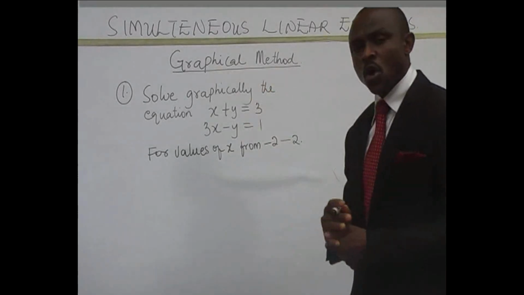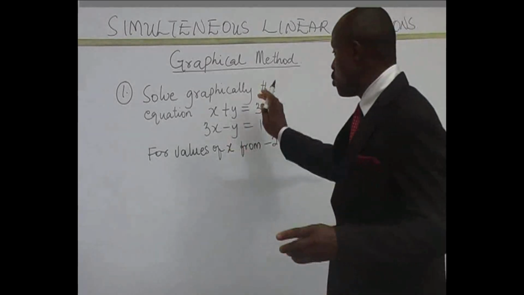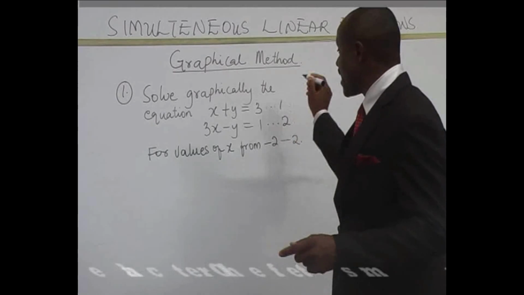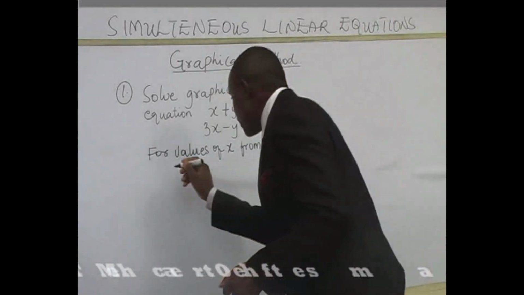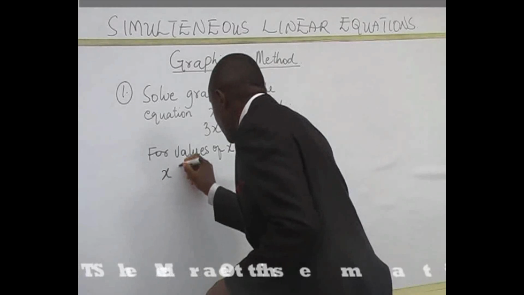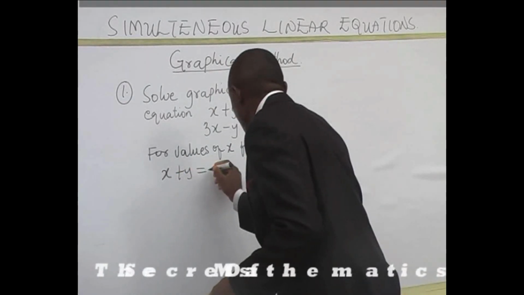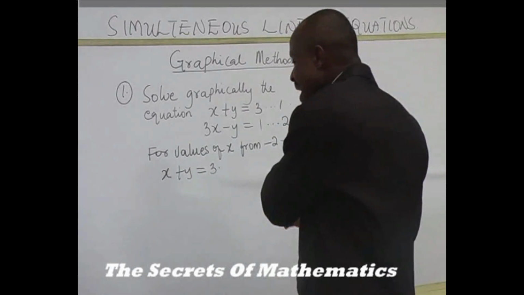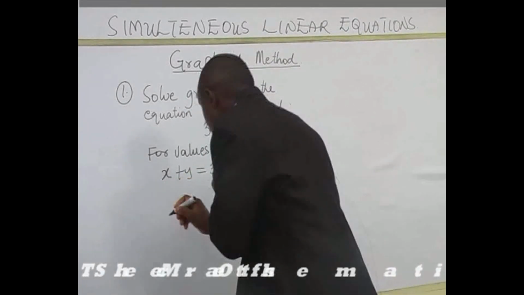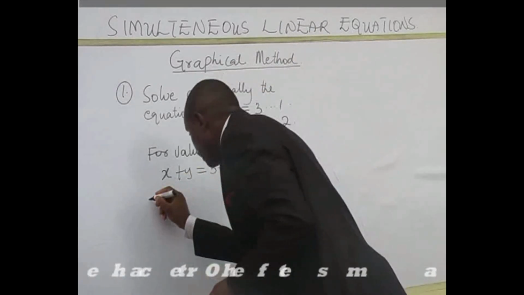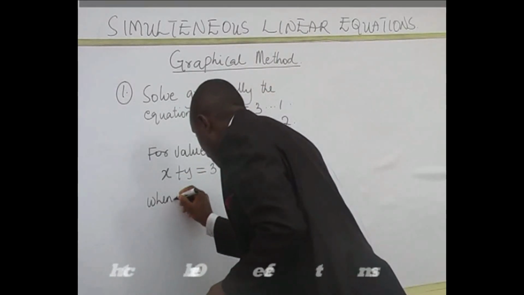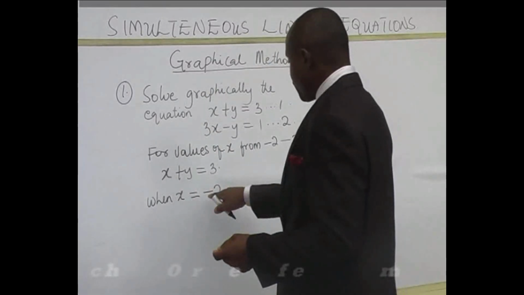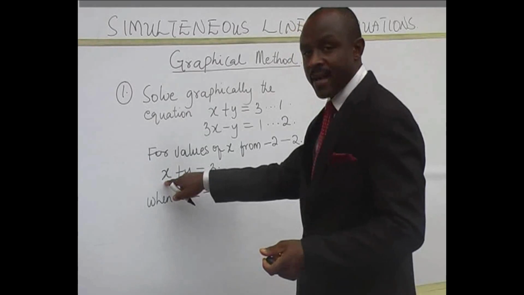You're going to construct the table of values of the two different equations separately. Take the first equation. The first equation says x plus y is equal to 3. So the first thing you do is when x is equal to -2, begin to substitute -2 as the value of x in the equation.